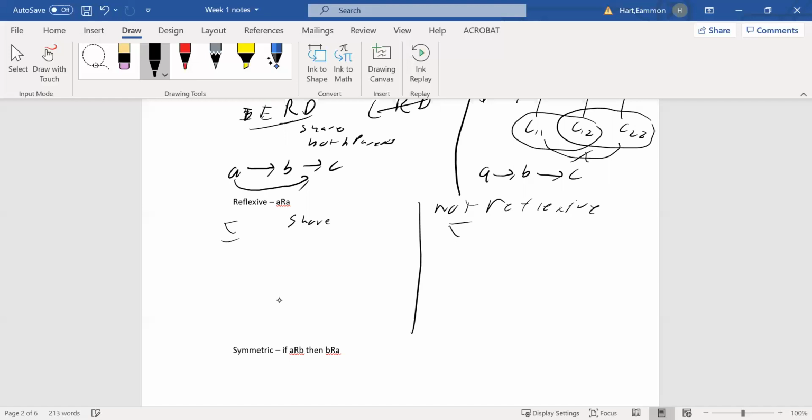Shares both parents, shares one parent, you share at least one parent with yourself. Born same year as.